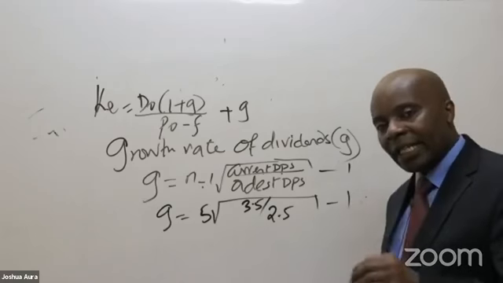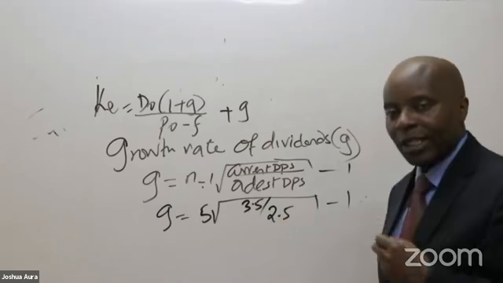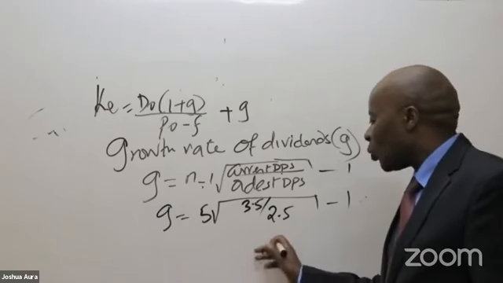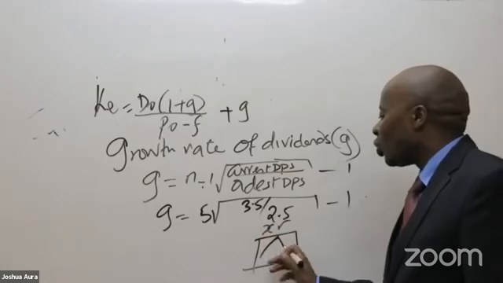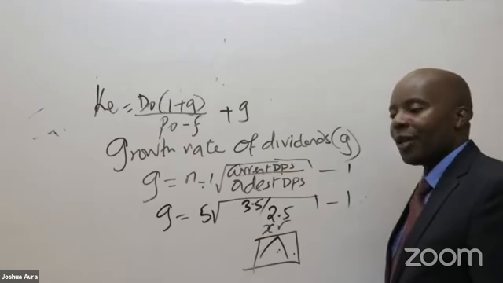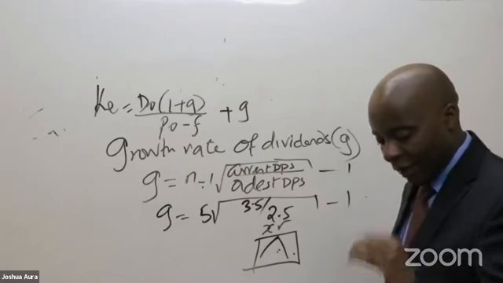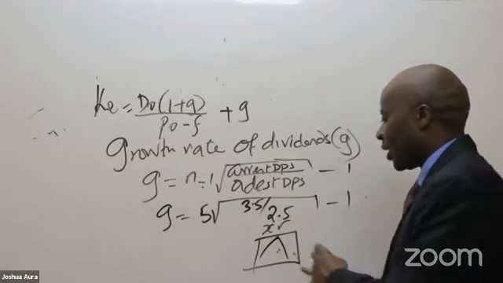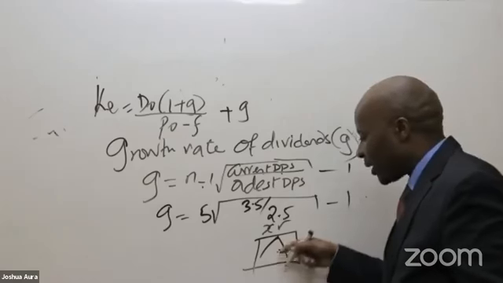Whatever you get, please look for the 5th root, the xth root. In many calculators, the xth root is the function on top of this arrow. So you press 5 first and then shift, because this is in yellow, and then you press this.